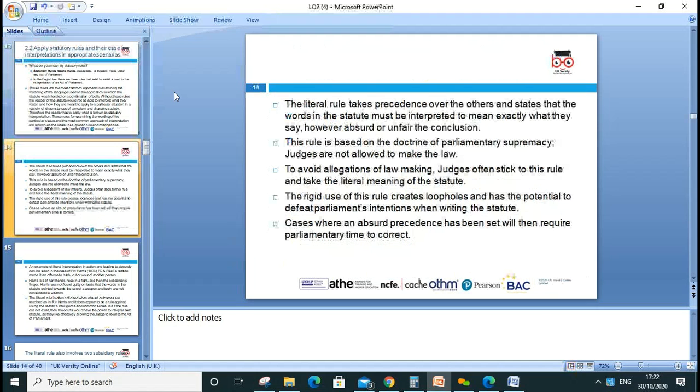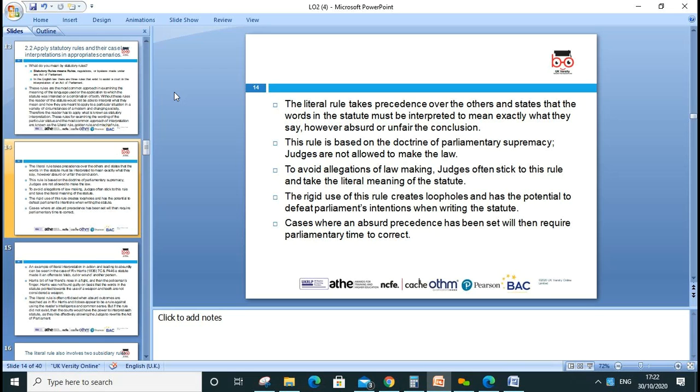Do you remember, Yasser? The literal rule takes precedence over the others, and the words in the statute must be interpreted to mean exactly what they say, however absurd or unfair the conclusion.